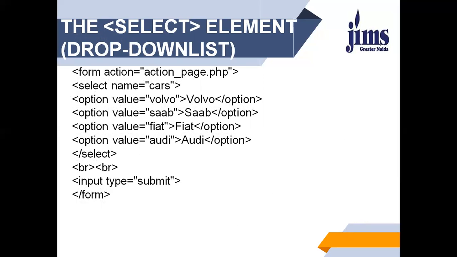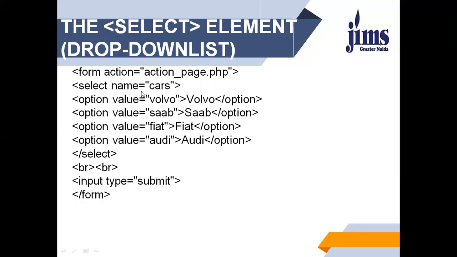Likewise, we can have a select element where we can give multiple options to the user. A drop down option will appear. The syntax is select with whatever name you want to give.